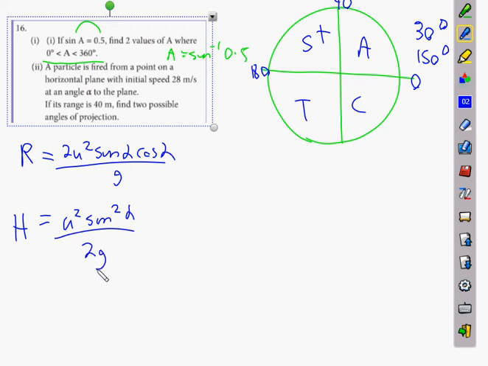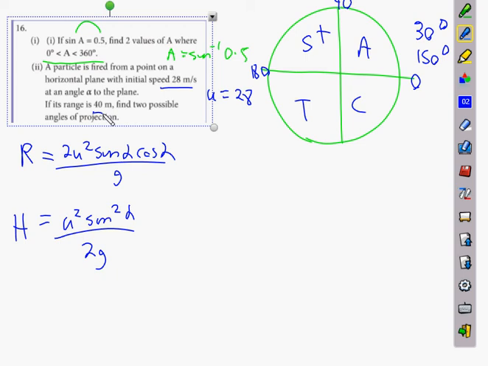And all you have to do is, what's the u value in this question? U value is 28. Range is 40. Okay? So the range is 40. So they want two possible angles of projection for this question.